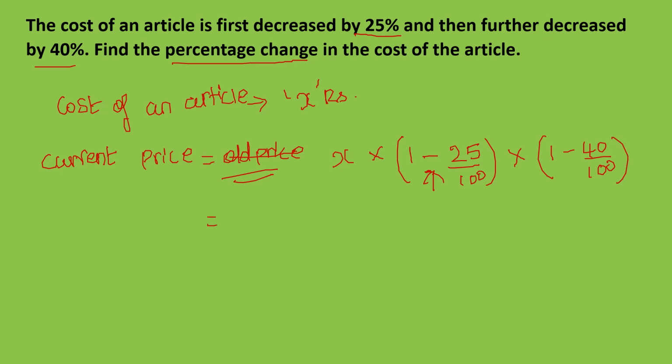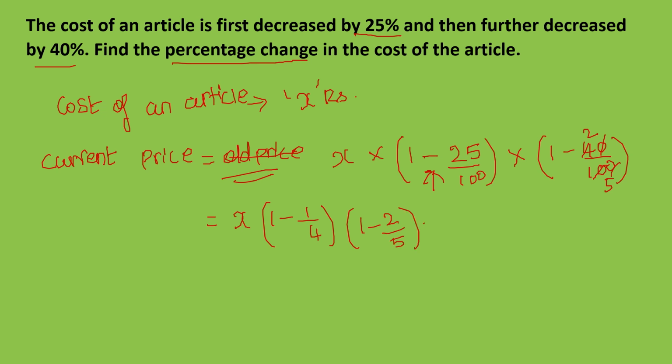So what answer are we getting? X. So 1 minus 25 by 100, I can write as 1 minus 1 by 4, and here I can write 1 minus 4 by 10. Zero, zero cancel. Again this 4 and 10 can be divided by 2, so I'm just cutting the 2 factors, so it will become 2 by 5.